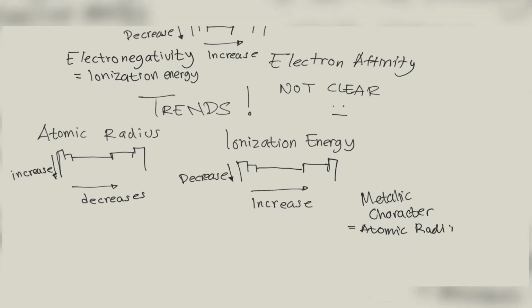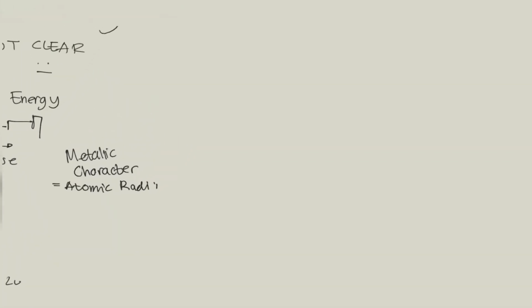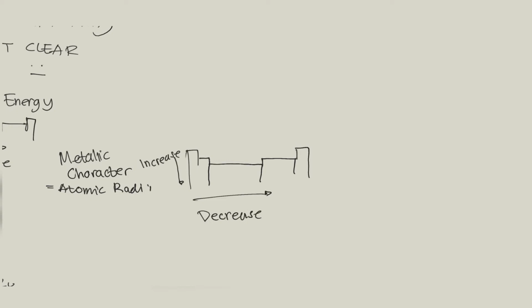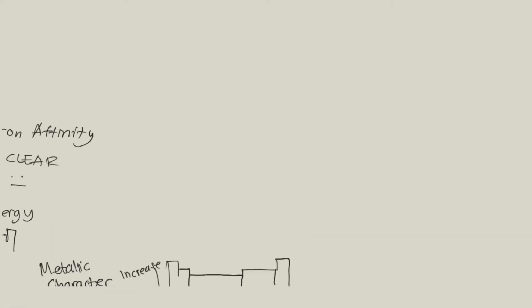This follows the same trend as the atomic radius, or the atomic radii trend, which is basically, it's gonna increase going down the group and decrease going down the period.